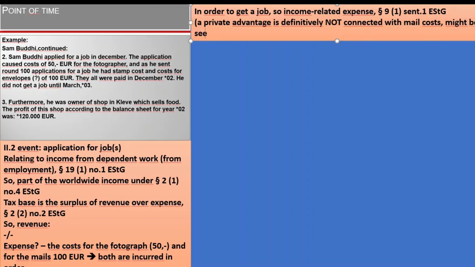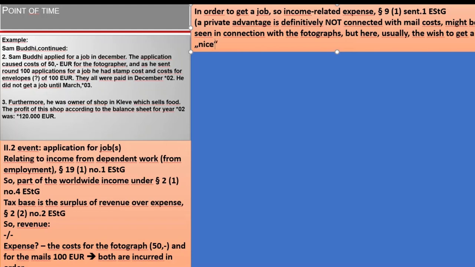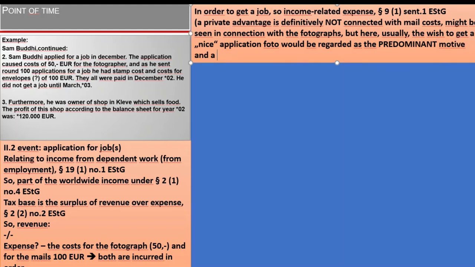It might be seen in connection with the photographs, but here usually the wish to get a nice application photo would be regarded as the predominant motive, and a possible private advantage would be regarded as immaterial.